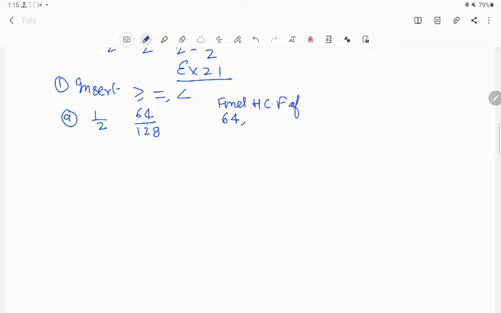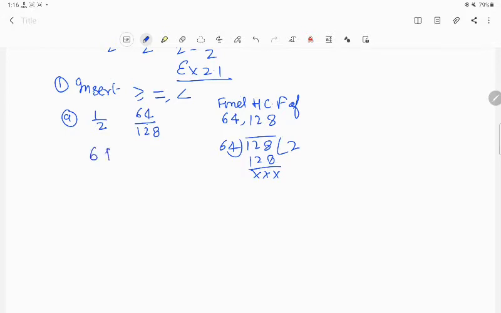HCF of 64 and 128. So 128 divided by 64, division goes 2 times. So 64 is the HCF of 64 and 128.